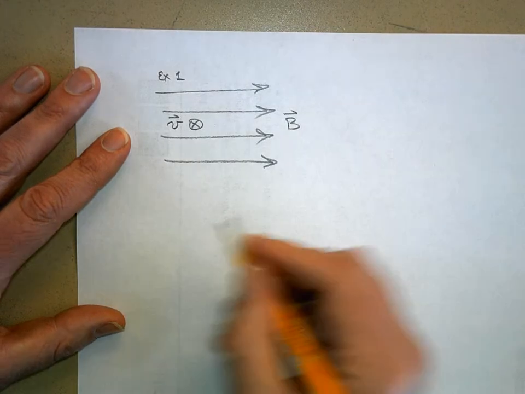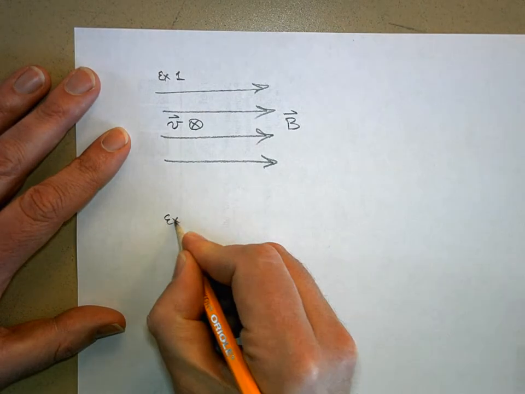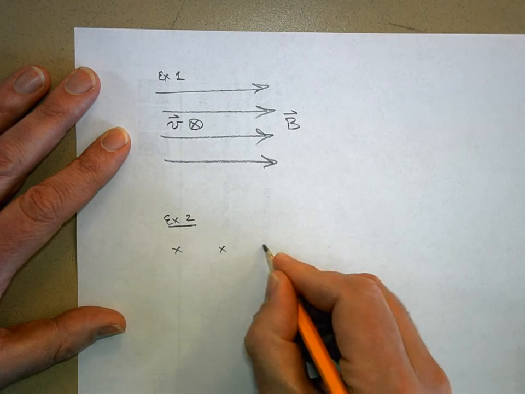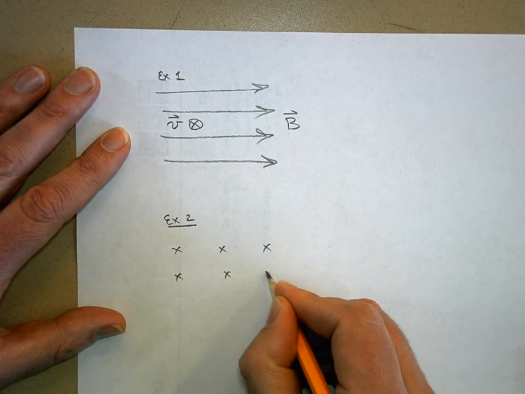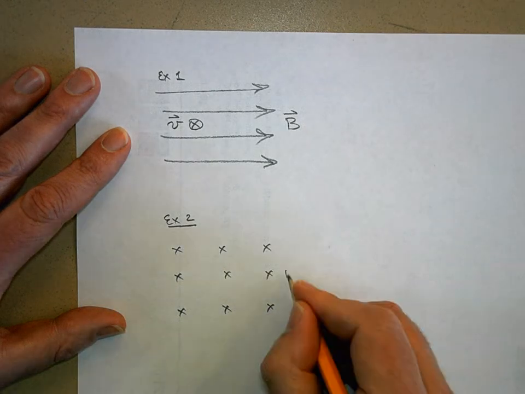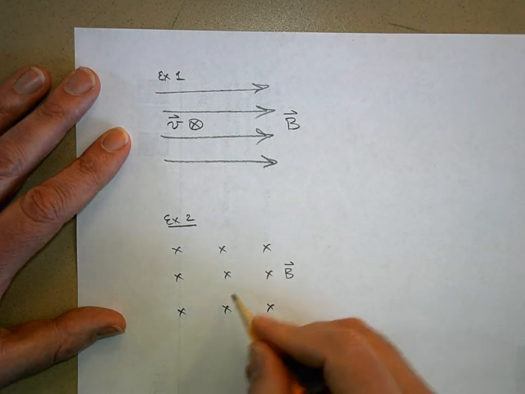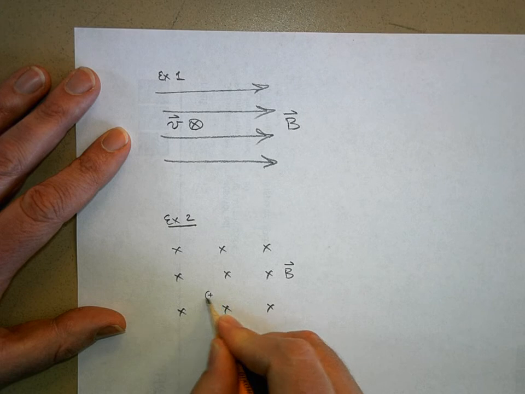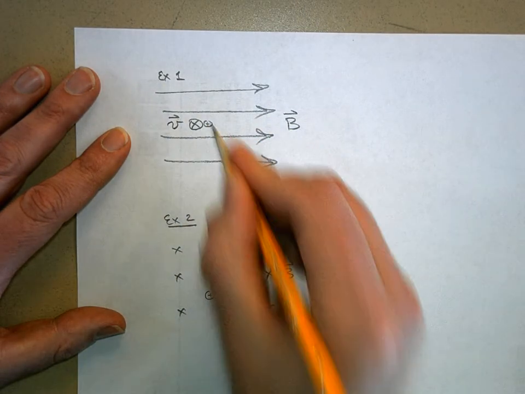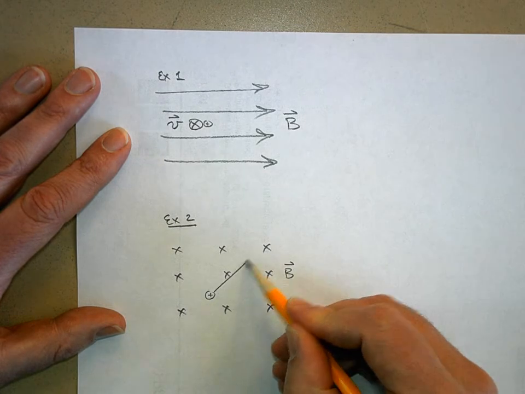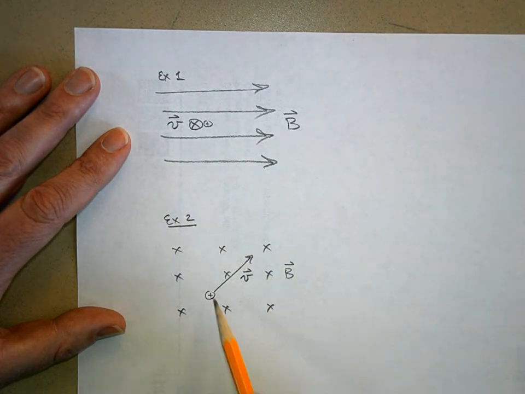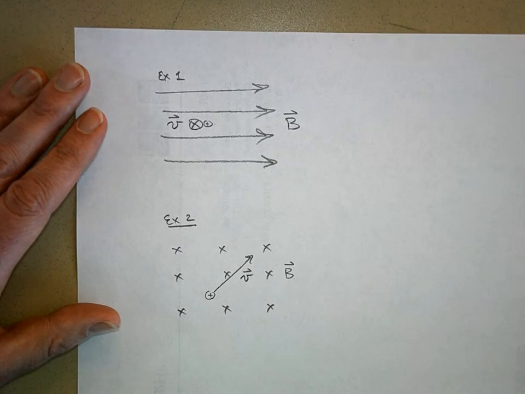Or let's do example 2. Here's my magnetic field. And let's put a little positive test charge. Here's my velocity vector. So here's V and B. Find the force.